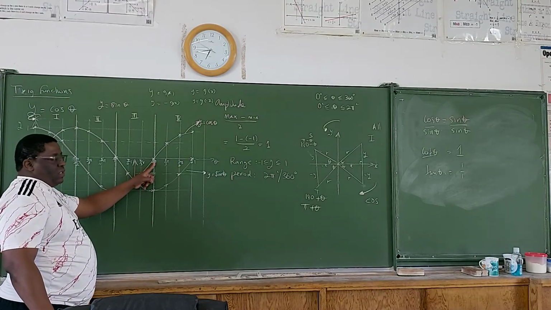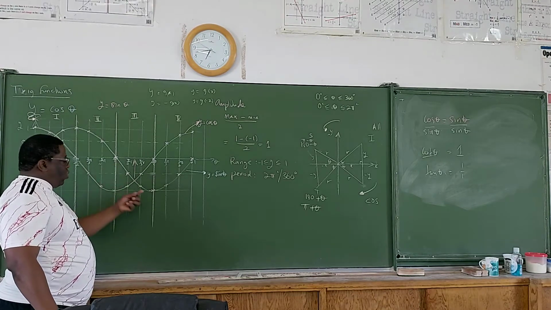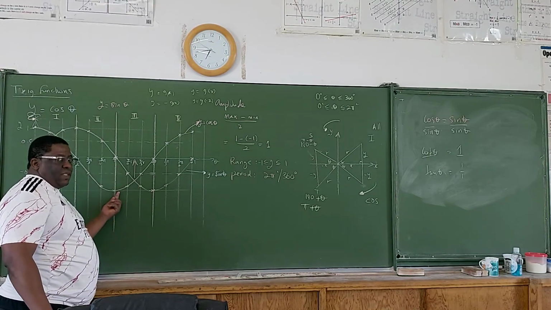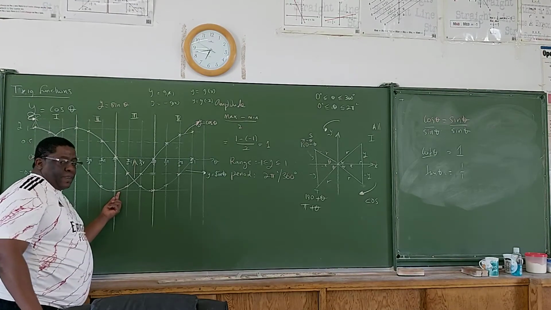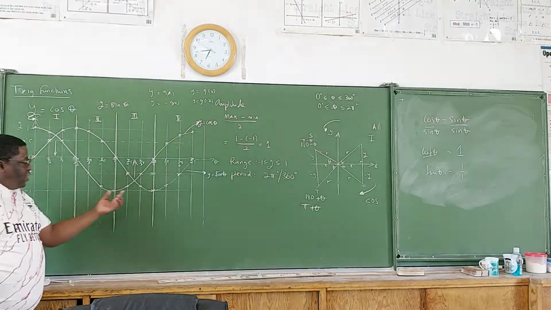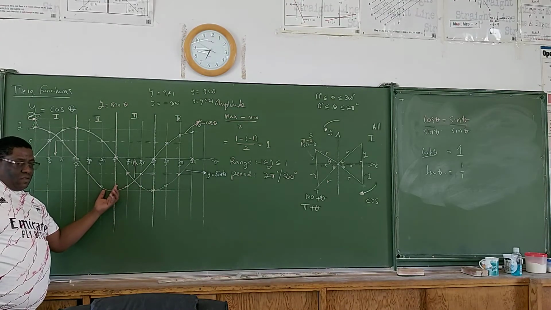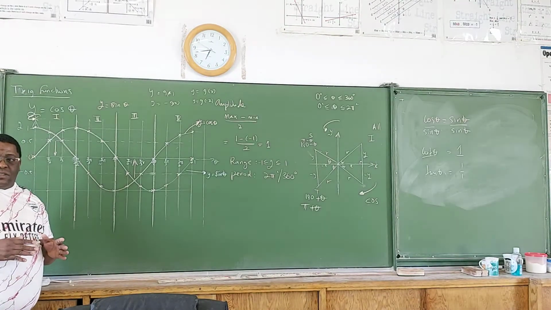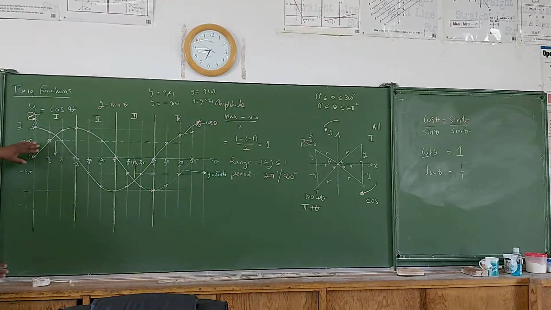That's 270 degrees. That's 180 degrees. What is the difference between 270 and 180? 90 degrees. If I shift the white one by 90 degrees to the left, it will be exactly the same function. Is it not so? It's just that this other part will now come this way.